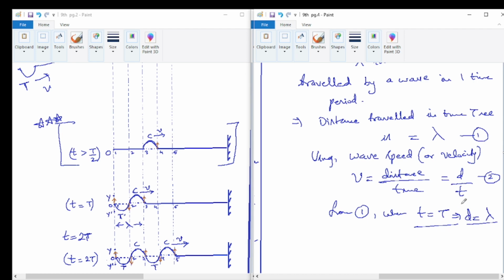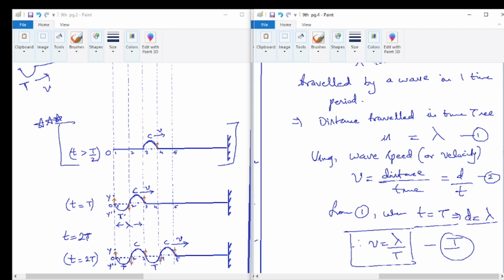So substituting these two, for any time interval and corresponding distance, dividing the two gives the speed of the wave. In this time interval equal to the time period, the distance traveled is exactly equal to wavelength. So what is the velocity now? In place of d, it's lambda. So lambda by t. This is the first result of the derivation.